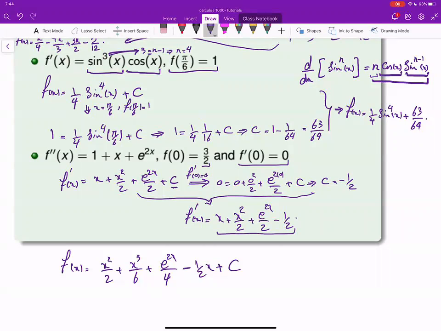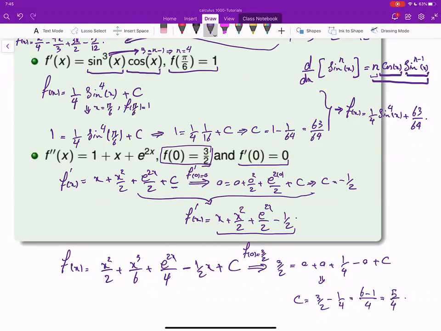Okay, now I have the initial value, f at 0 is 3 over 2. So 3 over 2 is equal to 0 plus 1 over 4 minus 0 plus c. So that way, c is 3 over 2 minus 1 over 4, which is 6 minus 1 over 4, which is 5 over 4.